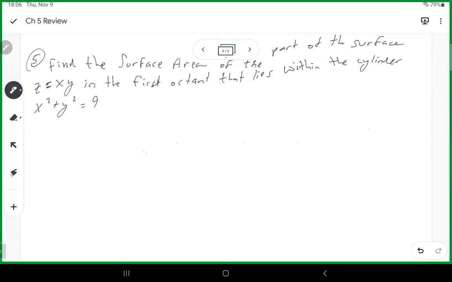Again, enter the exact answer. Let me show you what these two images look like.